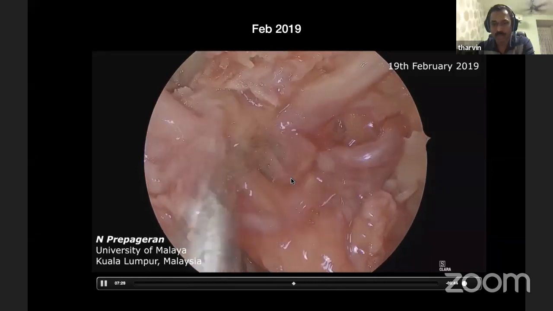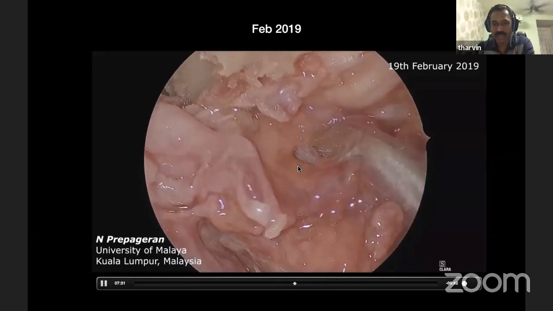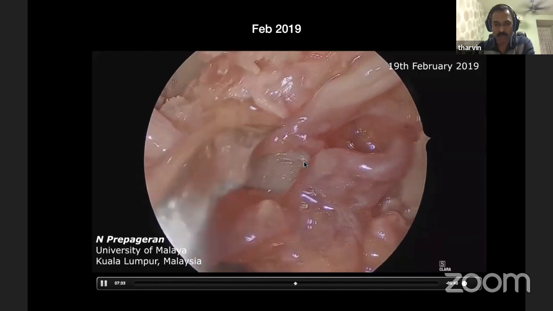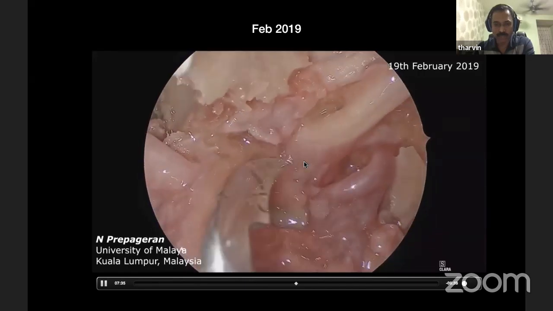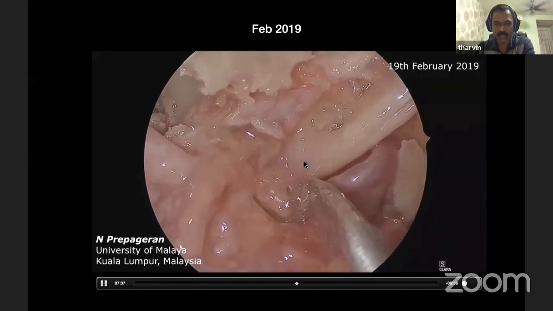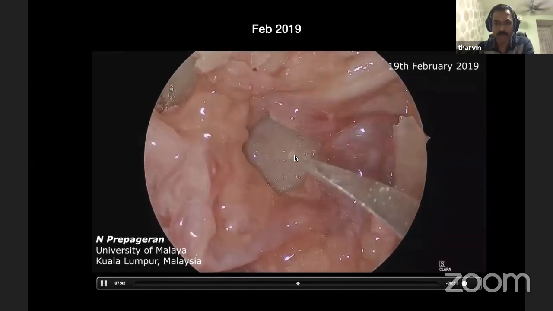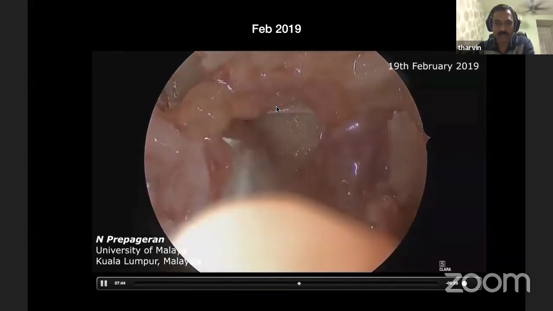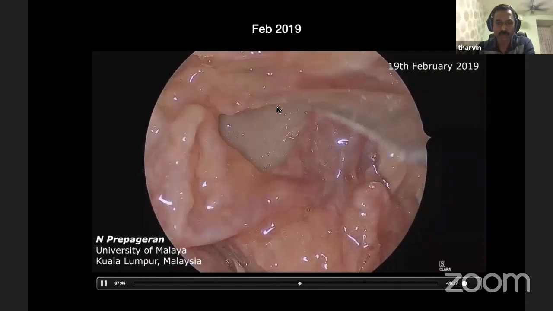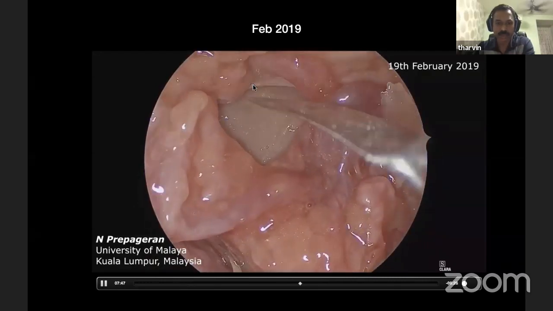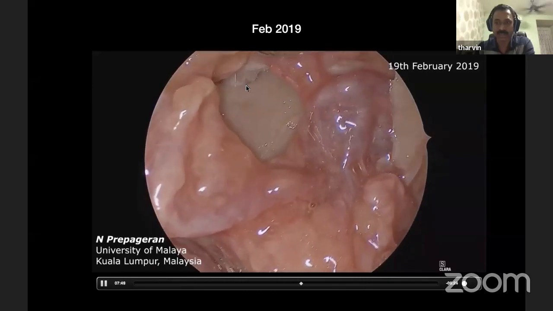We can already see the body of the pterygoid, and once we see the body of the pterygoid, remove the fascia around it, and that will take us straight to the foramen rotundum. So you can see the body of the pterygoid, and that's the foramen rotundum coming into view. That's the foramen rotundum there, as you can see, nicely seen.